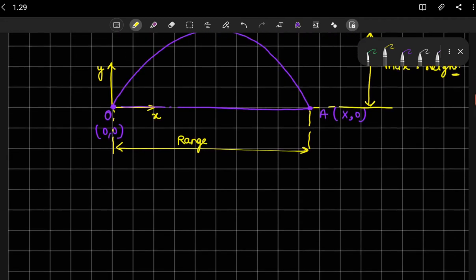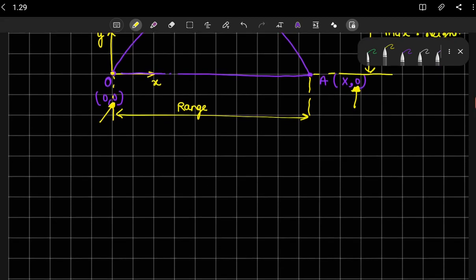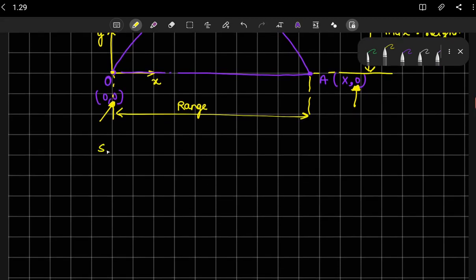Now if we carefully look here, the y coordinate has not changed from point O to point A. The y coordinate is not changing. That means the displacement in the y direction is equal to 0.